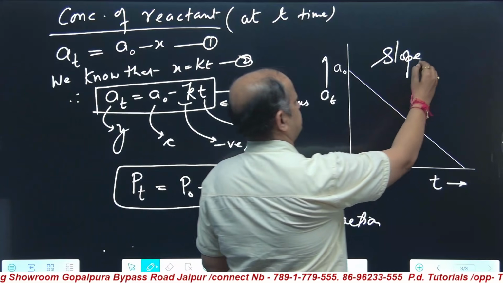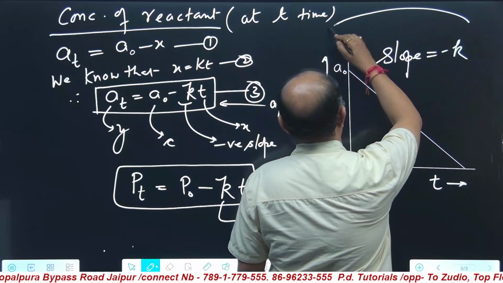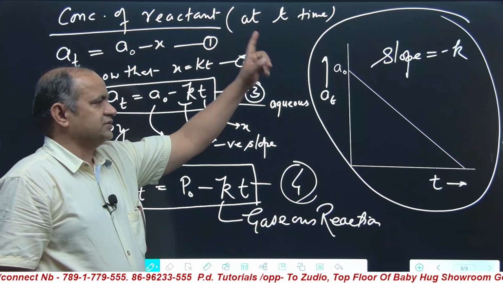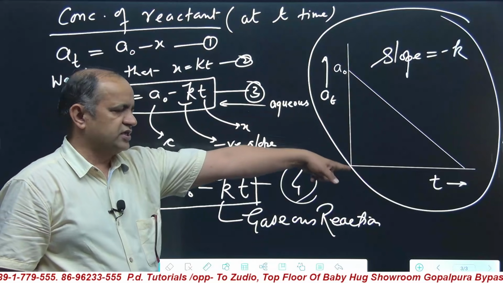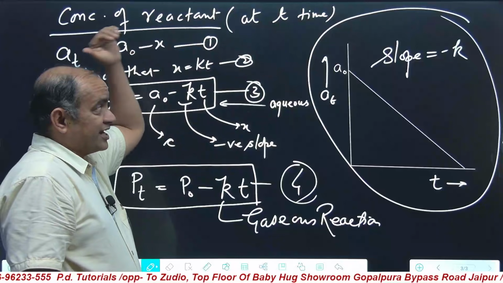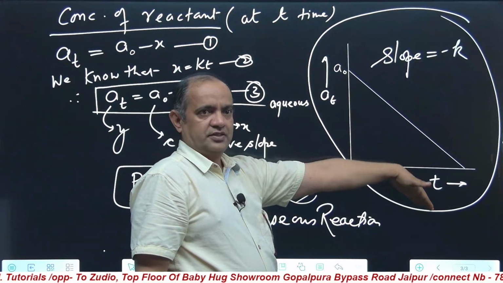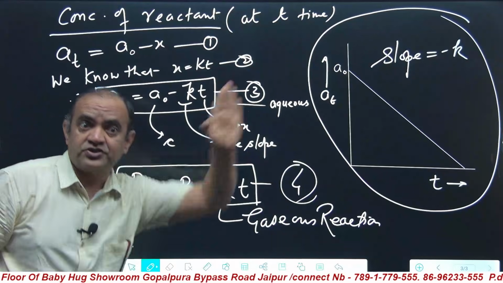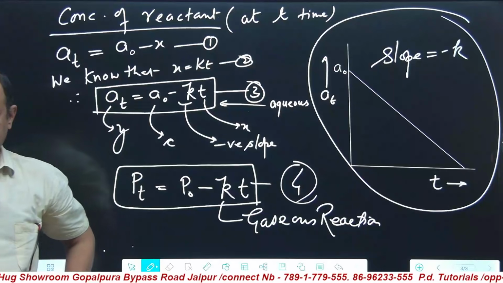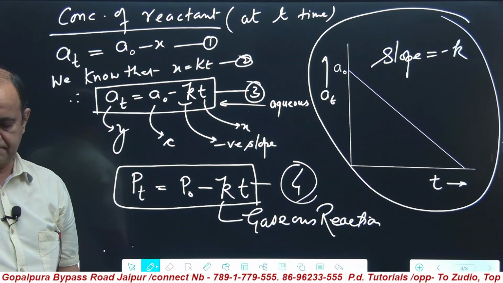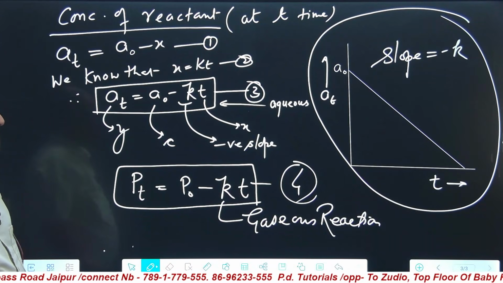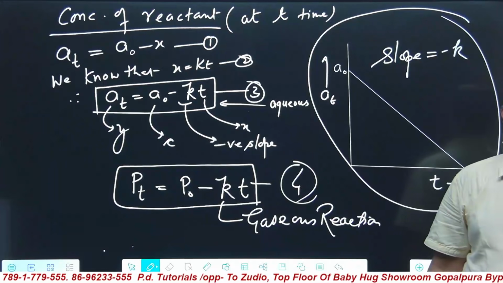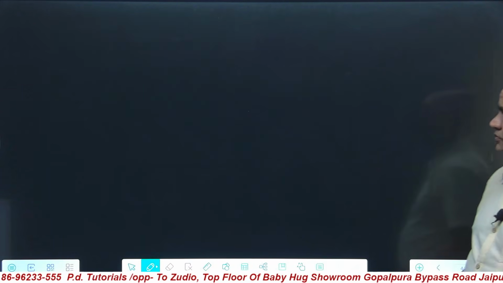Minus k. This is the graph of concentration of reactant versus time. Reactant concentration decreases linearly, so product concentration will increase linearly. Hurry up, please copy it. Let's change.